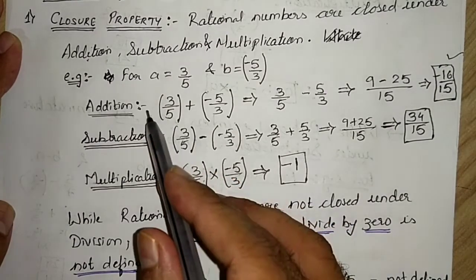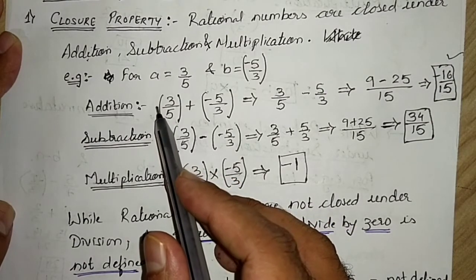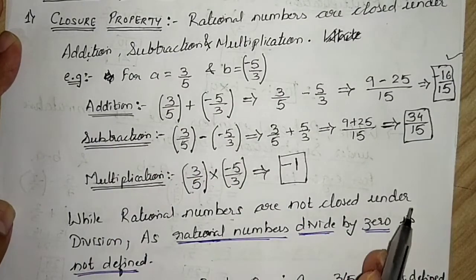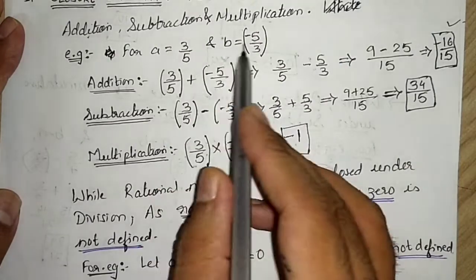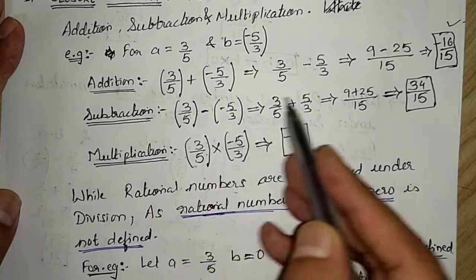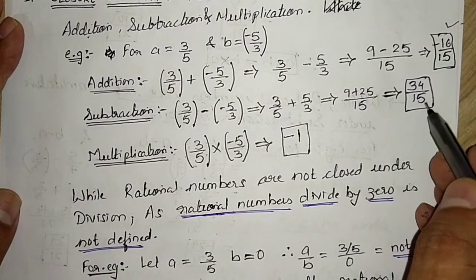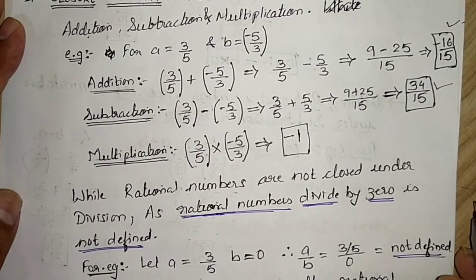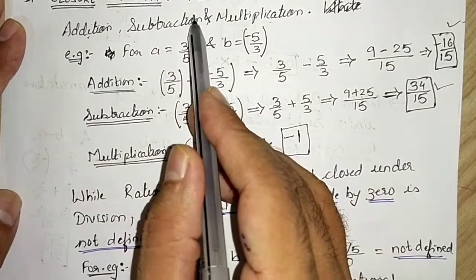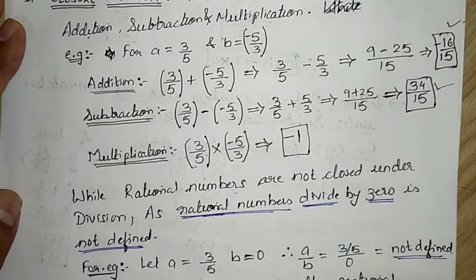So I can say rational numbers are closed under addition. Similarly, under subtraction also, the same two numbers, if I am subtracting them, the resulting answer will be 34 divided by 15, which is again a rational number. So I can say rational numbers are closed under subtraction.